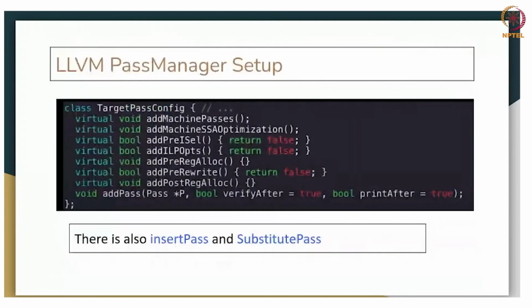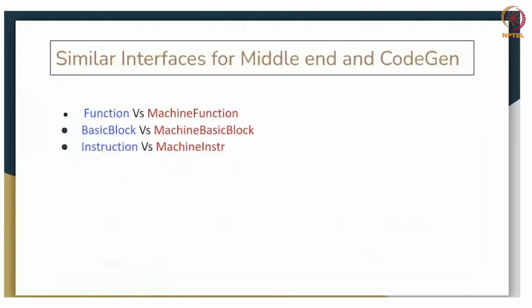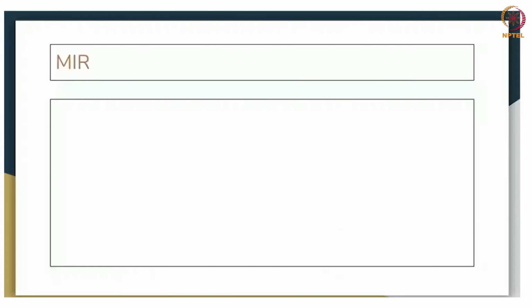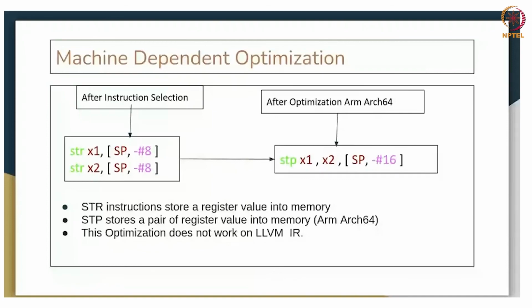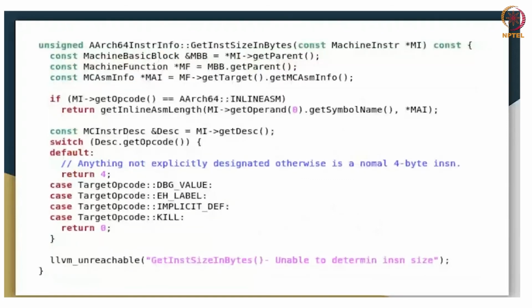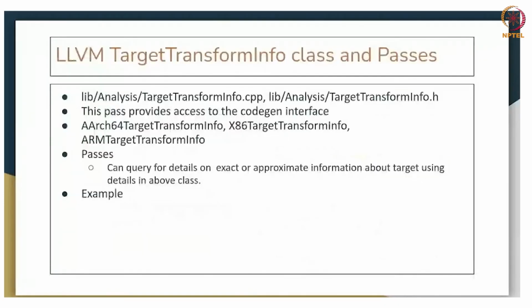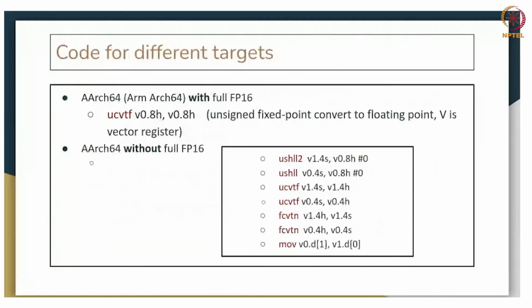It depends, there are architecture dependent things, right? For example, the floating point case: it depends on whether the architecture supports full FP16. Also, suppose you have a for loop and you do loop unrolling for better parallelism, so that the pipeline is full.